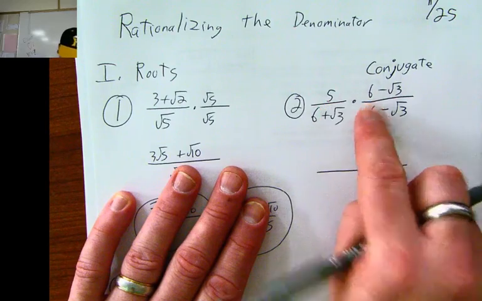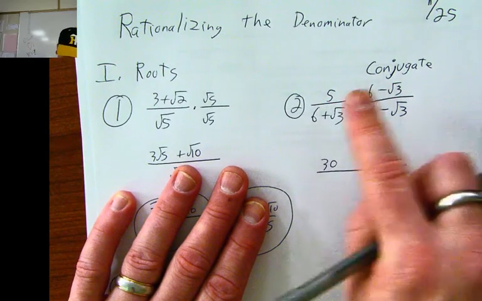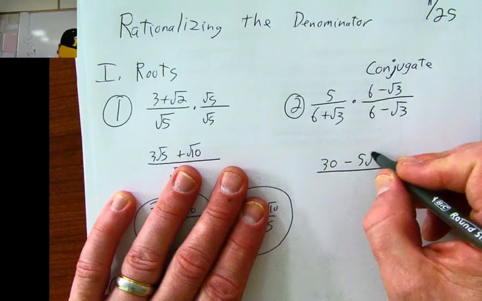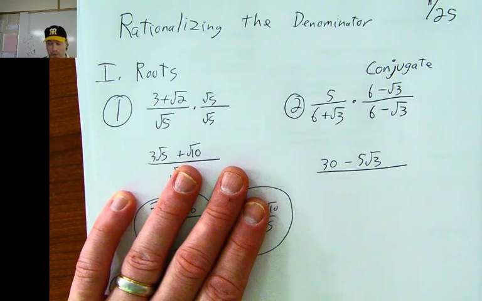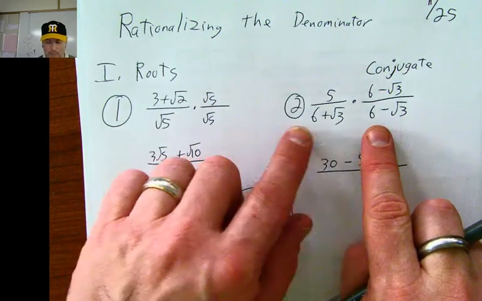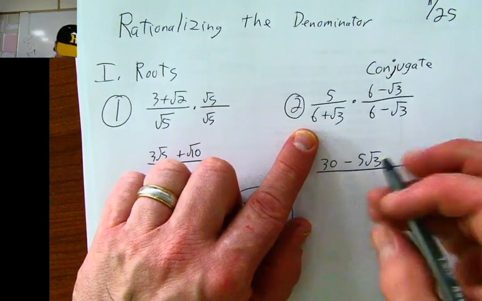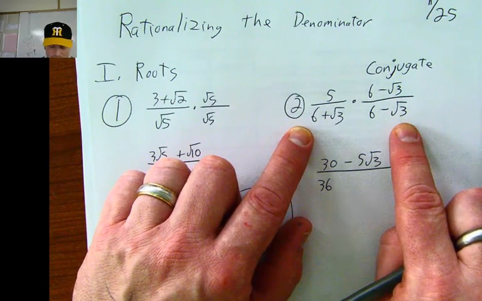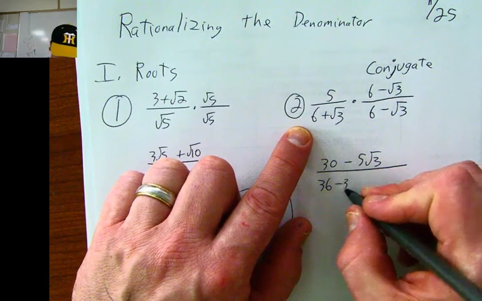Numerator, 5 times 6 is 30. 5 times negative root 3 is negative 5 root 3. Now, the denominator, you multiply the firsts and you get 36. You multiply the outers and you get negative 6 root 3.